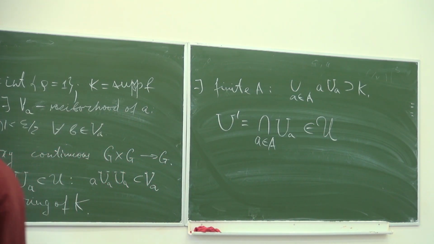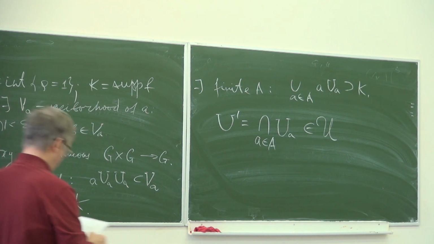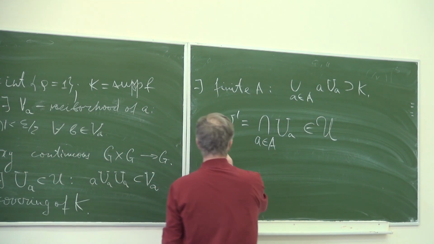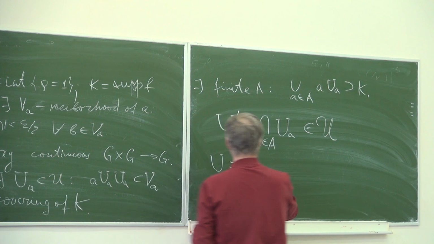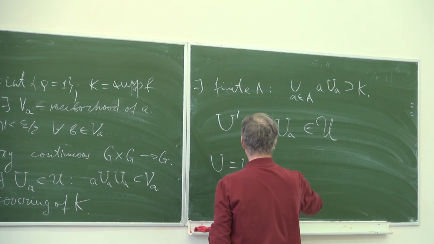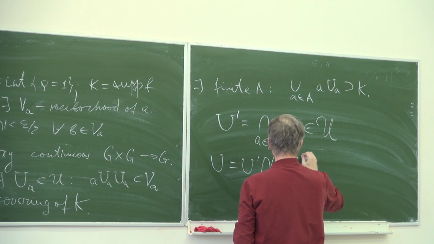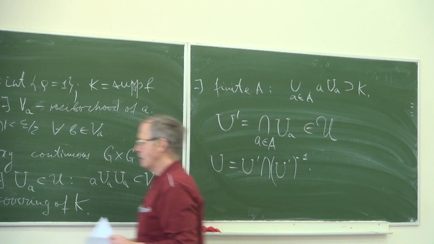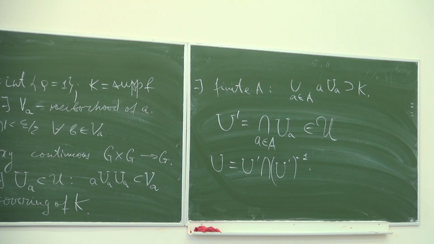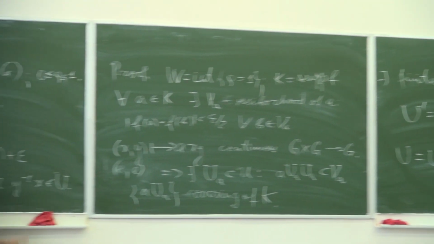And next we do what I explained already last time. Take U equal to U prime intersected with U prime to the power minus 1. This is to make it symmetric, well, to make these two conditions equivalent.